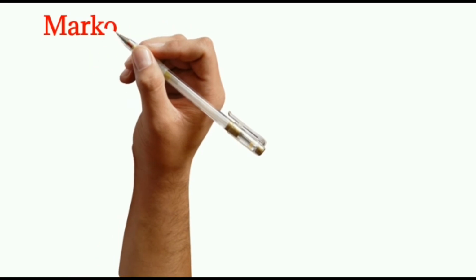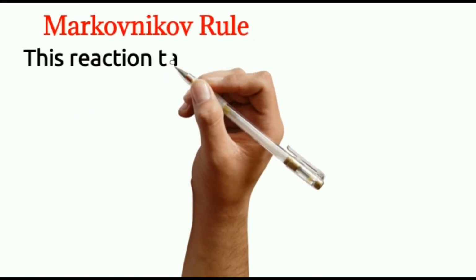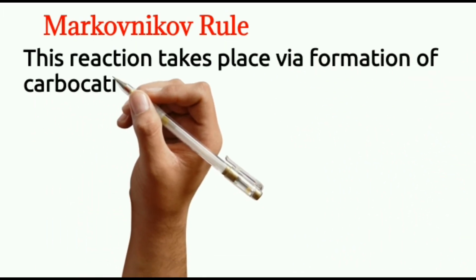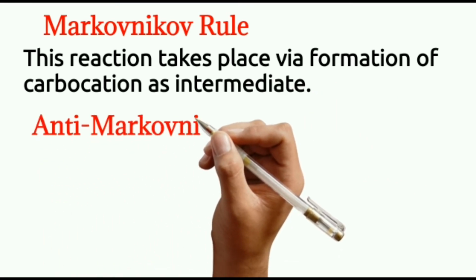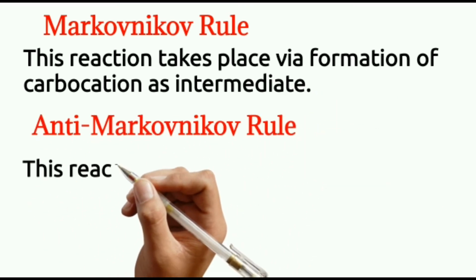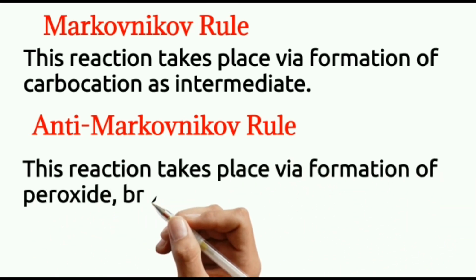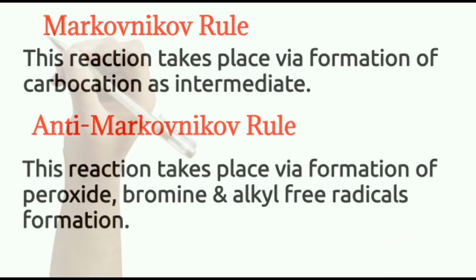Now the sixth difference, for Markovnikov's rule, this reaction takes place via formation of a carbocation as an intermediate. Now for anti-Markovnikov's rule, this reaction takes place via formation of a peroxide, bromine and an alkyl radical.